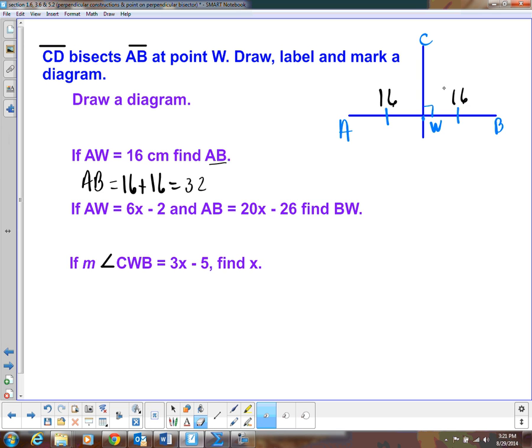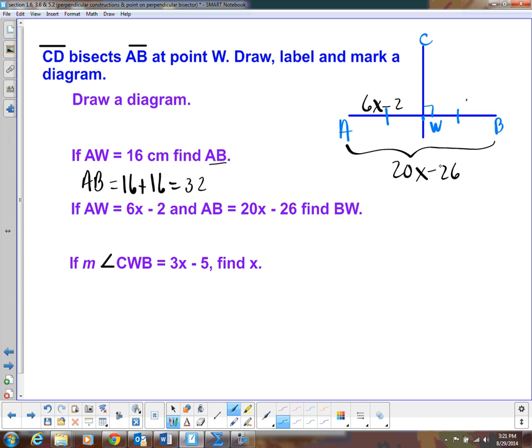My D's gone. All right, so now they're telling us that AW is 6x minus 2, and AB is 20x minus 26. Well, we'd say part plus part equals whole. Because these are congruent, that means this is 6x minus 2.